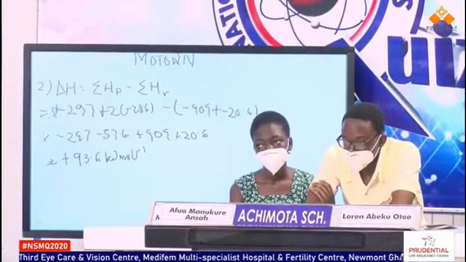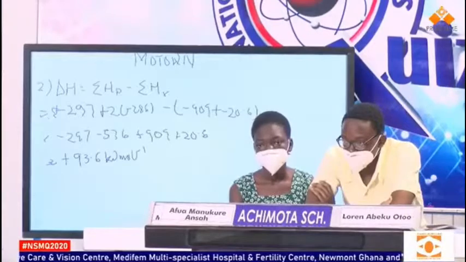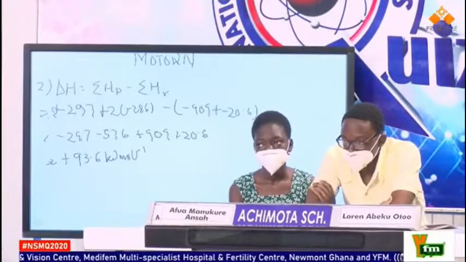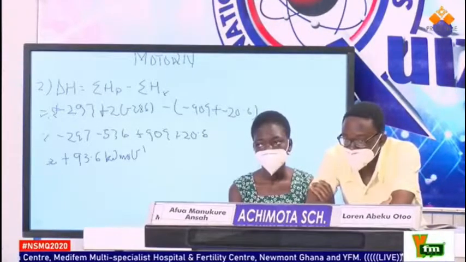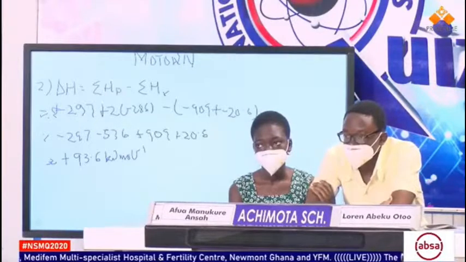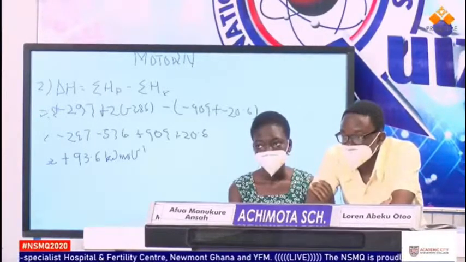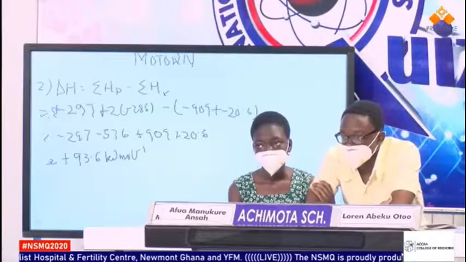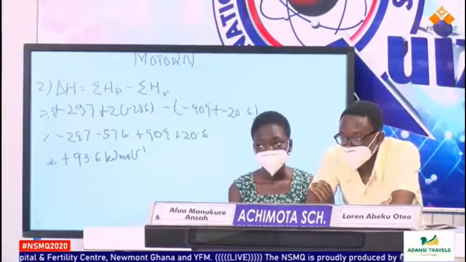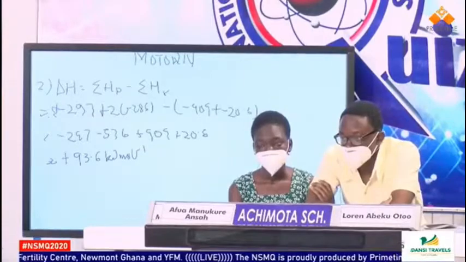For the first one, you didn't have a final answer, but you were able to set up the right calculation for the second part, the bond, the energy given out. Your calculation was in the right direction. At least the setup was right.